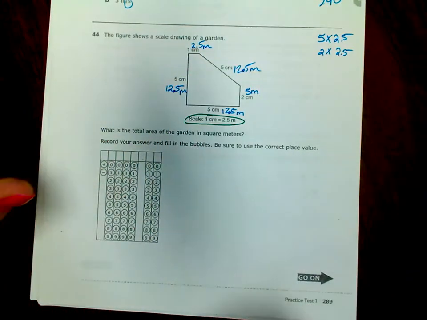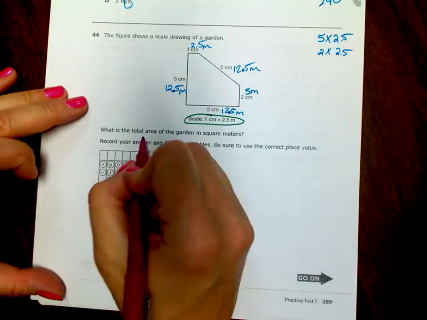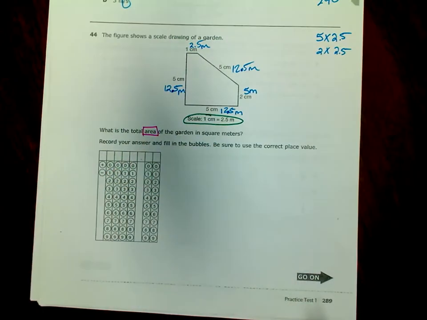So now we're all in meters. If you do not do that, you're going to get confused. Okay, your next step, how are you going to break this up where you can have the figures to find out the area? Because that's what we're wanting, total area. Okay, there's a couple of ways you can do it.